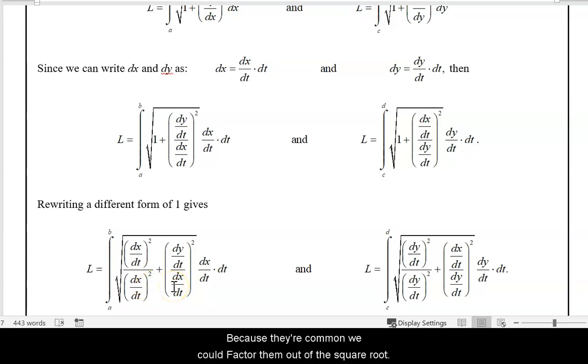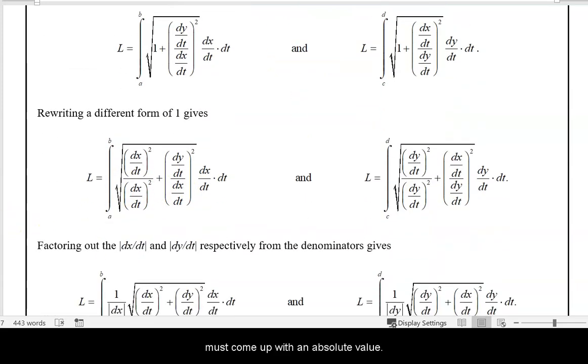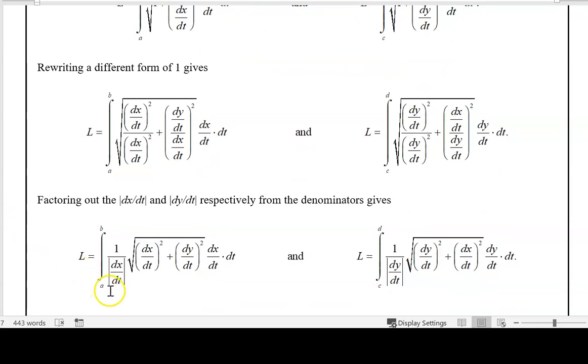Because they're common, we could factor them out of the square root. When you factor out a perfect square, remember that you must come up with an absolute value. This will give you 1 over the absolute value of dx/dt from the first form of arc length with respect to x, and 1 divided by the absolute value of dy/dt from the second form of arc length, originally with respect to y.